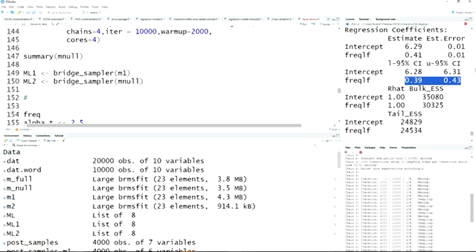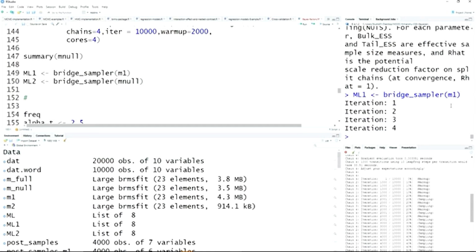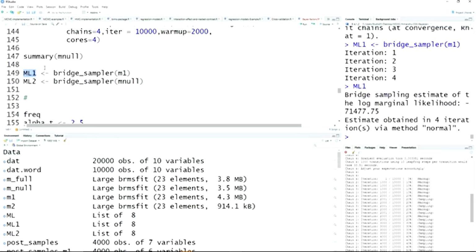So basically, this credible interval is consistent with the prediction that there would be an effect of frequency. That's all you can say. Okay, so now we have gotten the marginal likelihood for model 1, which comes out to be minus 71477.75. If you do exactly the same thing for the null model as well, you will get the marginal likelihood for the null model. Okay, and then you can basically do the comparison.